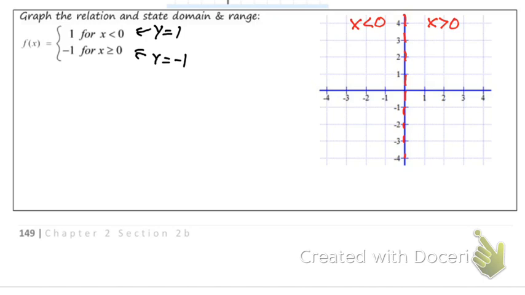Y equals 1 will be a straight line at 1, and it's going to go this way forever. Now it says when I'm on the right-hand side, when x is greater than 0, I need to plot y equals -1. So we are going to put a -1 in this direction.